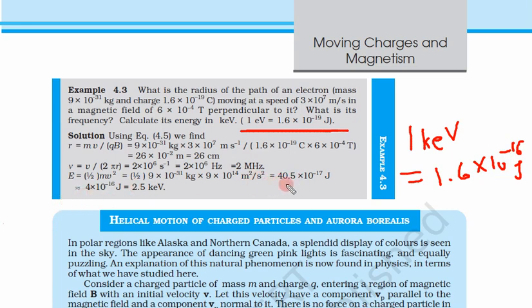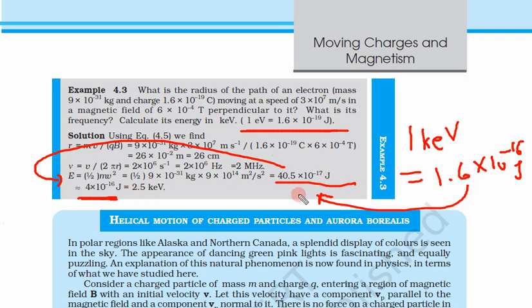When we divide, we get 4 into 10 to power minus 16 joule divided by 1.6 into 10 to power minus 16, which gives 2.5 kilo electron volt. So this is our answer of energy in kilo electron volt. We get it as 4 divided by 1.6, and 10 to power 16 cancels out, giving 2.5 kilo electron volt.